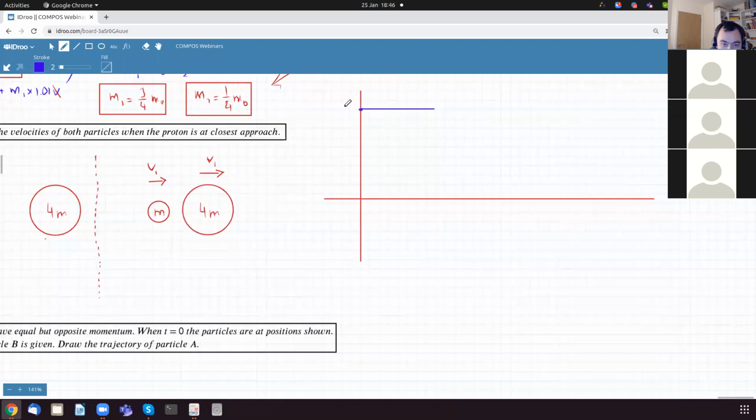It starts off with velocity v, and this is time. Then when it reaches close to the alpha particle, it starts to decelerate.